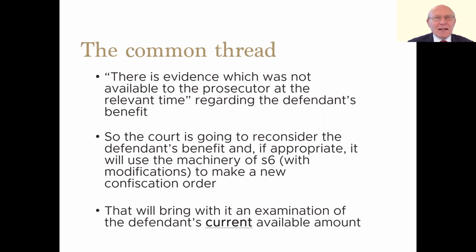And then, having worked out his benefit then, we're going to look at his available amount now and work out a recoverable amount, which is the lower of his benefit then and his available amount now. And then we're going to compare that recoverable amount with the existing order, if there was one. Okay, so that's the thread.